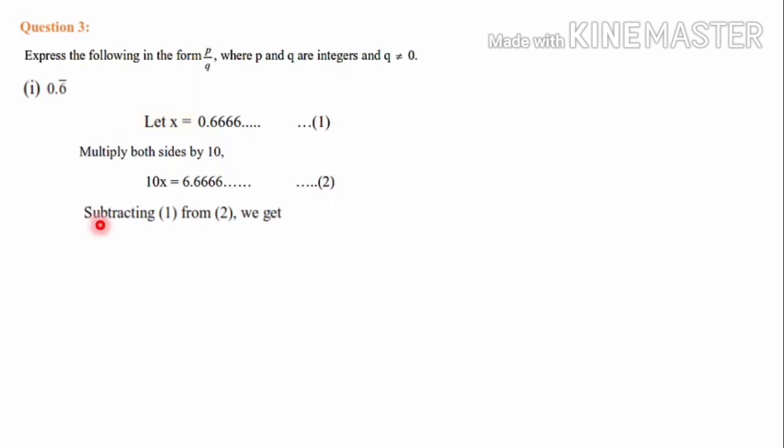Next process is subtracting 1 from 2. Let's go for a rough calculation. Second equation is 10x equal to 6.666 etc. From that we have to subtract the first equation, that is x is equal to 0.666 etc. This minus sign is the symbol for subtraction.